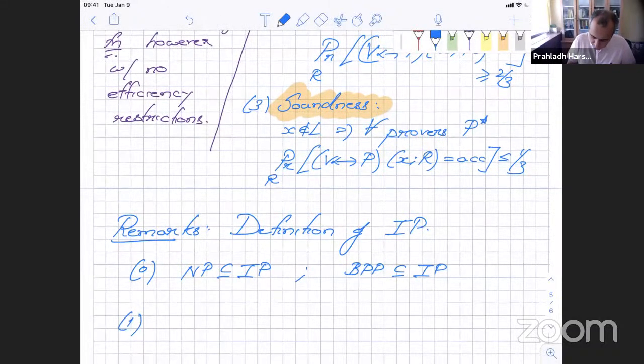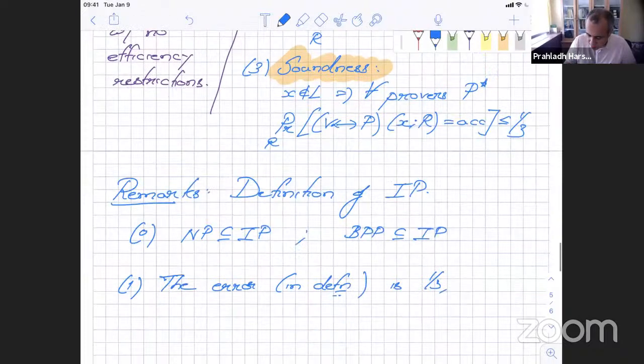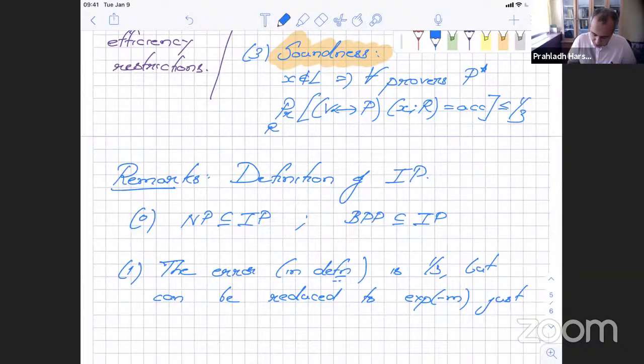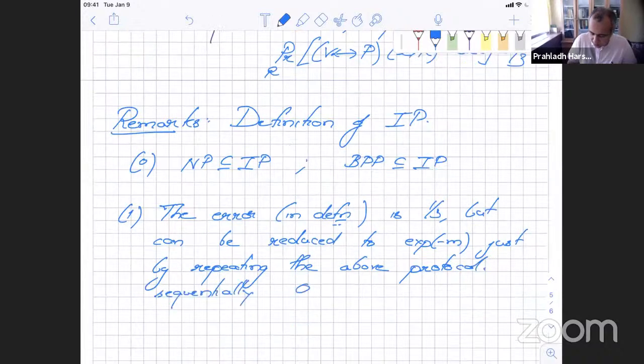The error in the definition is 1/3, but can be reduced to, say, 1/3 to the power m, exponentially small in m, just by repeating the above protocol sequentially order m times.